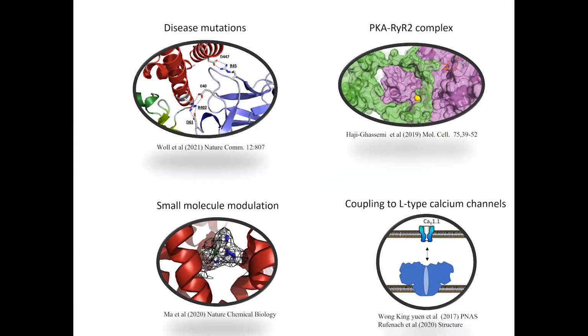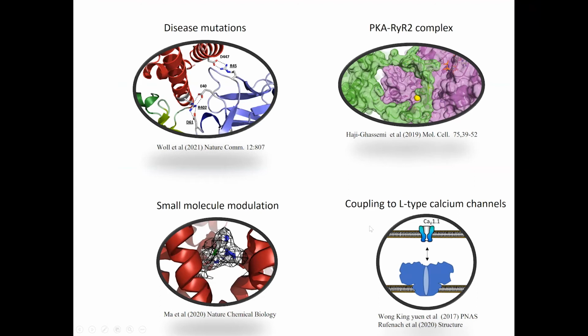But in recent years, what we've mostly been doing is studying this ryanodine receptor and its regulation at various levels. So we've been taking a lot of looks at disease mutations. Also, we've been looking at how post-translational modifications are occurring, particularly how kinases can act on the ryanodine receptor. We've also used cryo-EM to look at the binding of various small molecules and see how they affect the gating behavior.